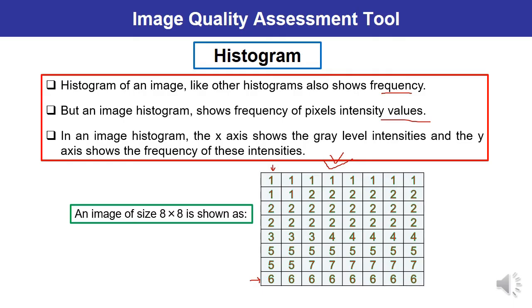Accordingly, for 7,8, the intensity level is 7. So for this 8 cross 8 image, the intensity level is shown for every coordinate. And for this particular image, you have to draw the histogram. So how to plot it?